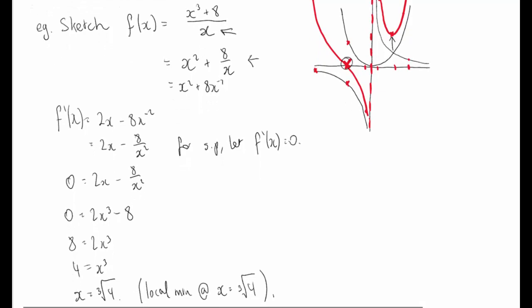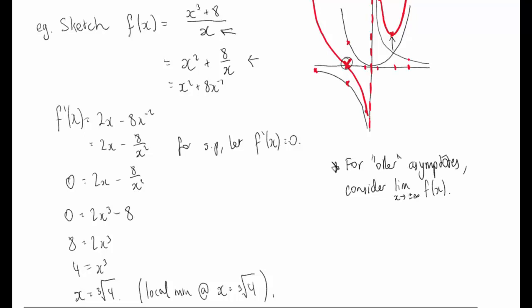I'll just do this off on the side here, I'll just call them other asymptotes. What we have to do is consider the limit as x approaches either positive or negative infinity of our original function.